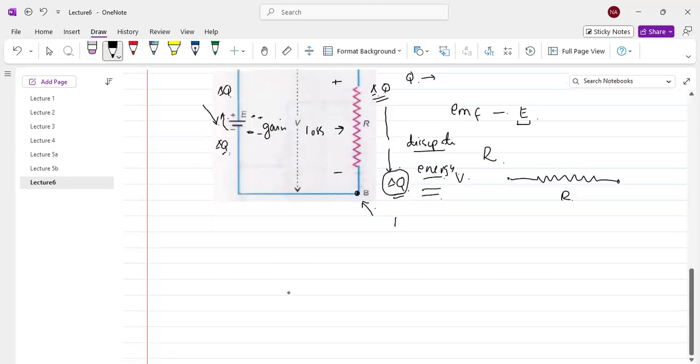We know that the work done by the battery in moving the charge from its low potential end, that is its negative terminal, to its high potential end, that is its positive terminal, will be equal to the charge delta Q multiplied by the potential difference through which the charges move.